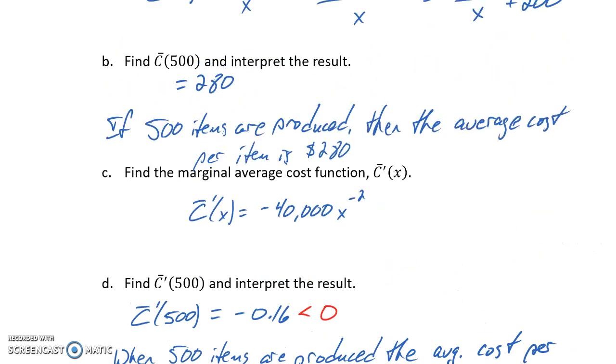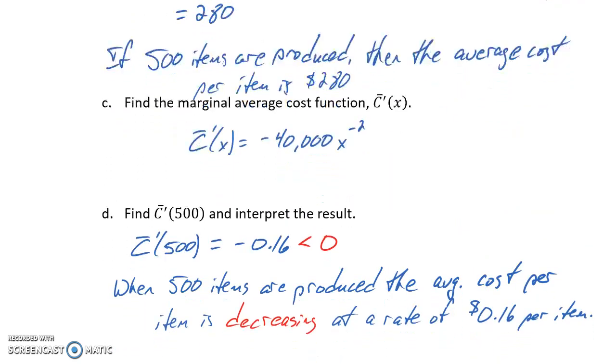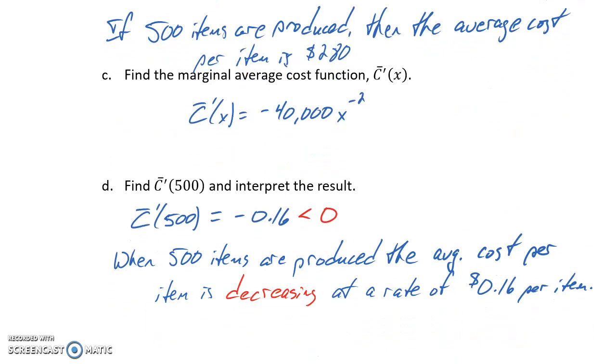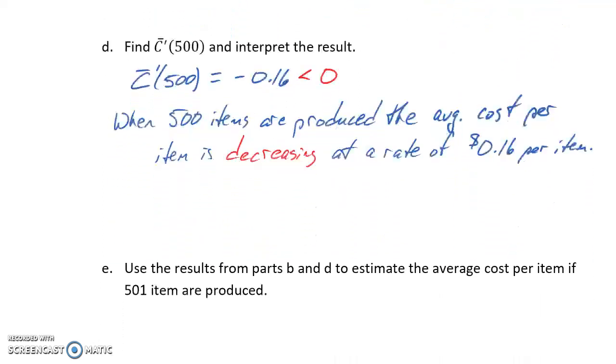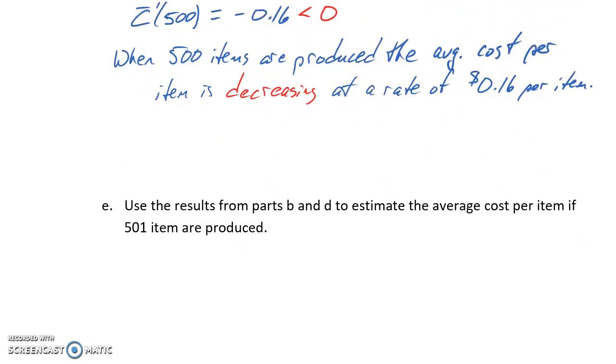So in part B, we found the average cost per item. In part D, we found the rate at which that's decreasing as we produce one more item. So in part E, we're asked to use the results above to estimate the average cost per item if 501 items are being produced.